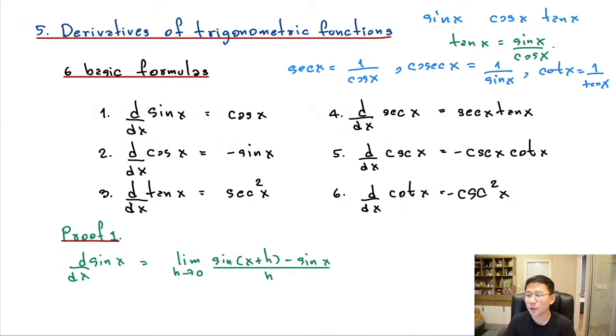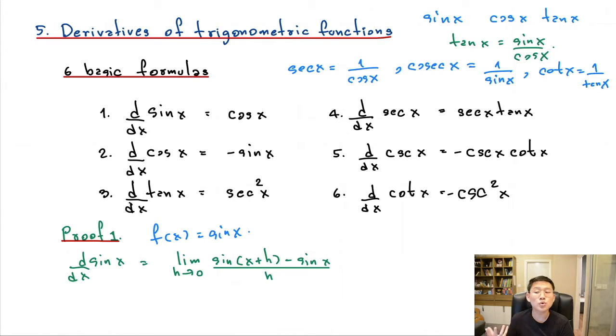But I'll just begin the proof for you. If you want to prove that d sine by dx is cos x, first you take the limit as h approaches 0. That's the definition. And then you get sine of (x plus h) minus sine of x, divided by h, when h approaches 0. Don't forget, guys, this is actually the same as f(x) equals sine x.